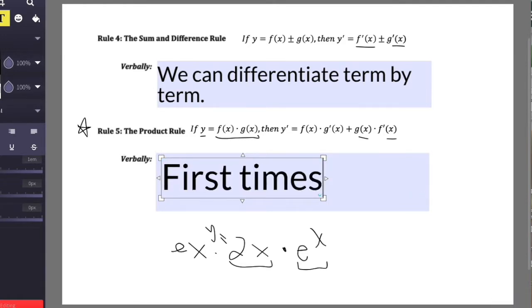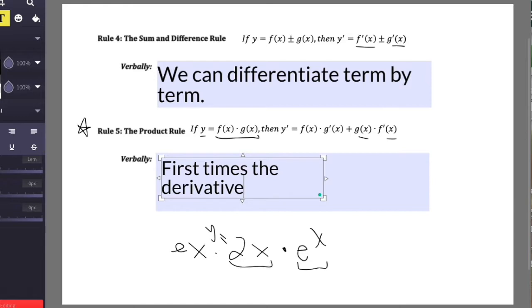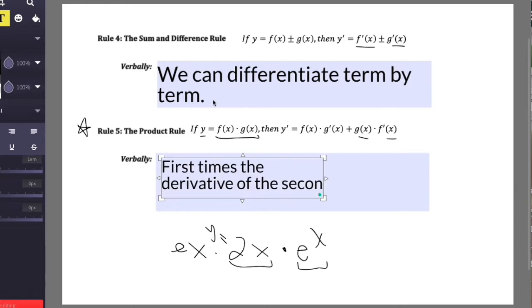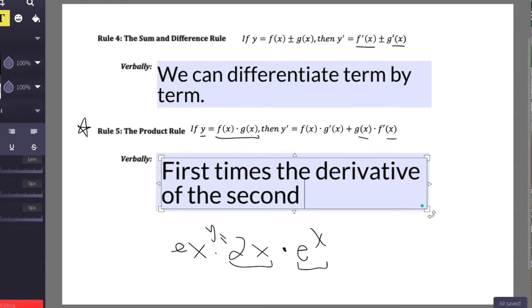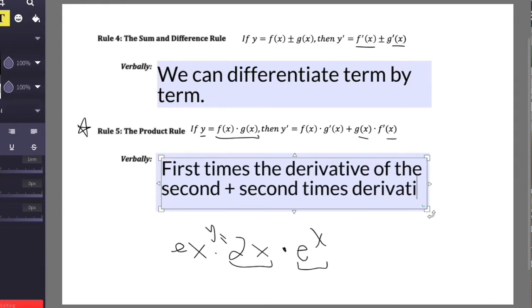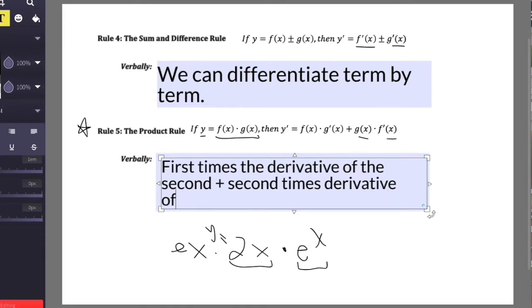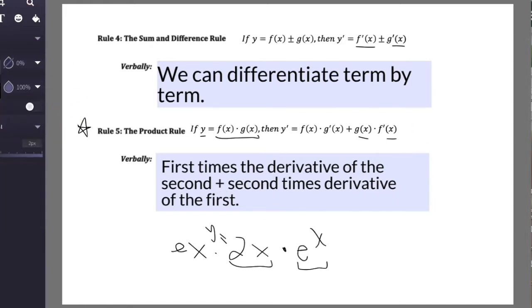It's first times the derivative of the second, plus second times derivative of the first. Say that to yourself a few times. You want to remember that phrasing. First times derivative of second plus second times derivative of first. It's a little informal here, but in our example, let's see how that would apply.